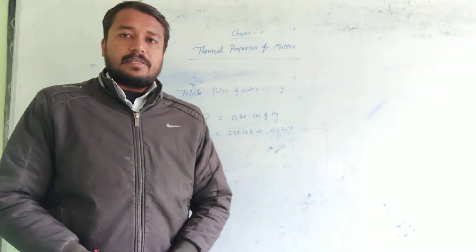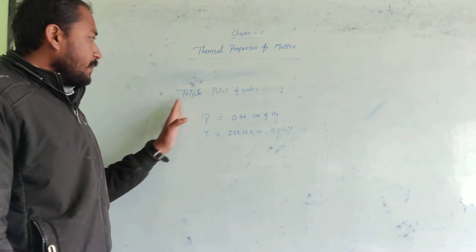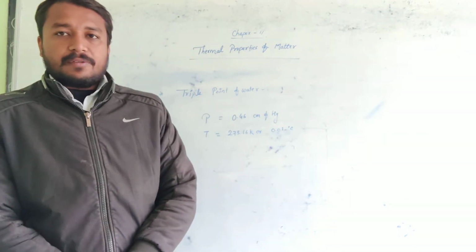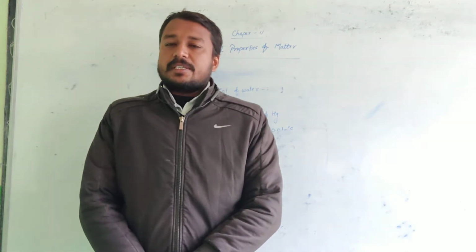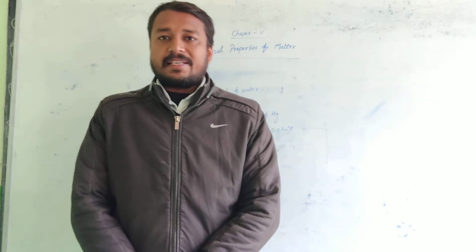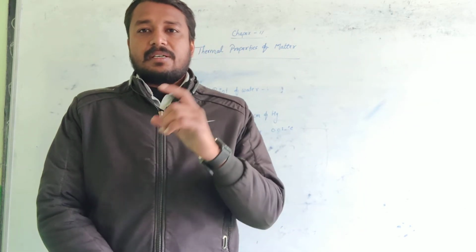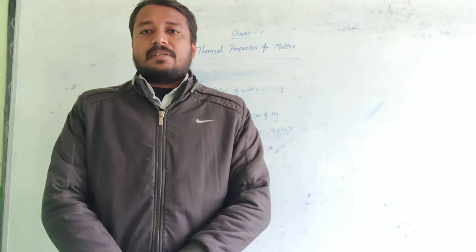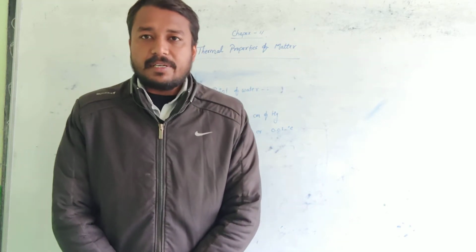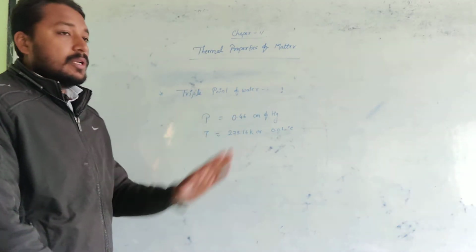Now the last topic for today's class is the triple point of water. So what is the triple point of water? It is a common point where all three phases of water, like ice, liquid and vapor, meaning solid, liquid and gas, are in equilibrium.